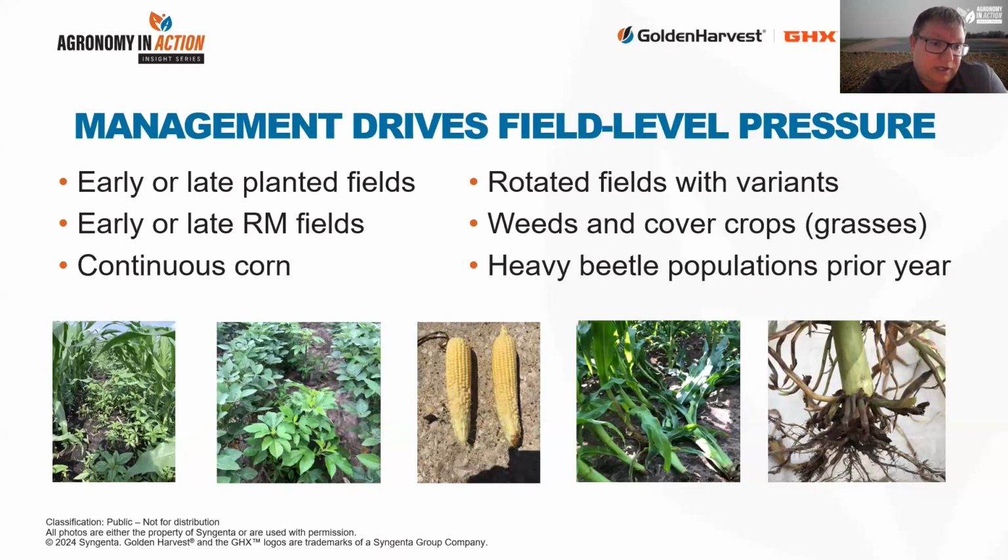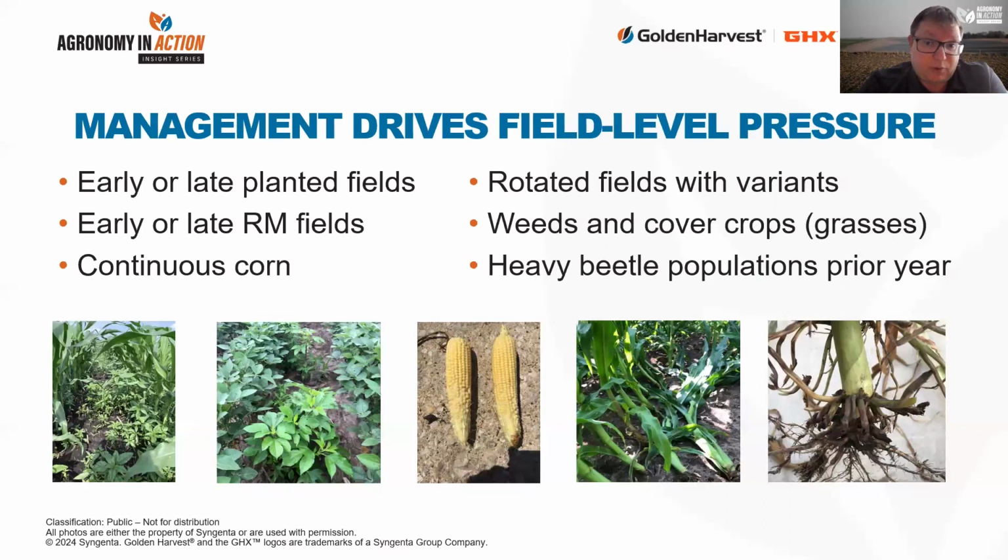Obviously, where we have continuous corn or the presence of grasses continuously, we're going to have challenges. If we've got presence of the variant, which I know many of us in Minnesota and Iowa are thinking about right now, that's obviously something we need to think about, even if we're in a corn soybean rotation. And then finally, don't forget about weed escapes or cover crops.